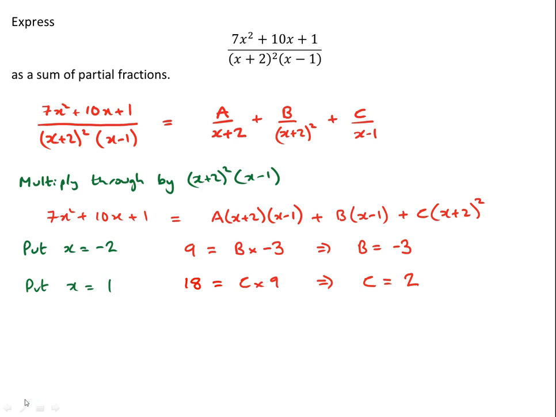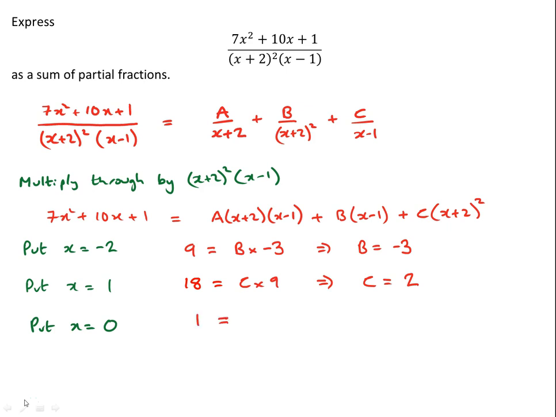I still need to find out the value of a. Now at this point I just need to put in another easy value of x, a value that I haven't yet used. In this case, x equals 0 looks a nice easy one to do the arithmetic with. If I put x equals 0, then the left hand side is 0 plus 0 plus 1, which is simply 1.